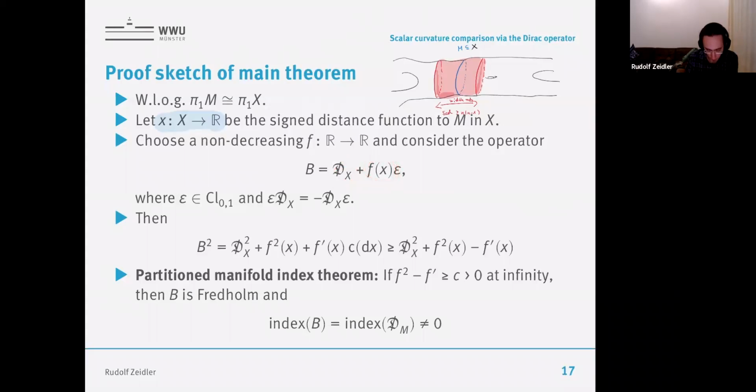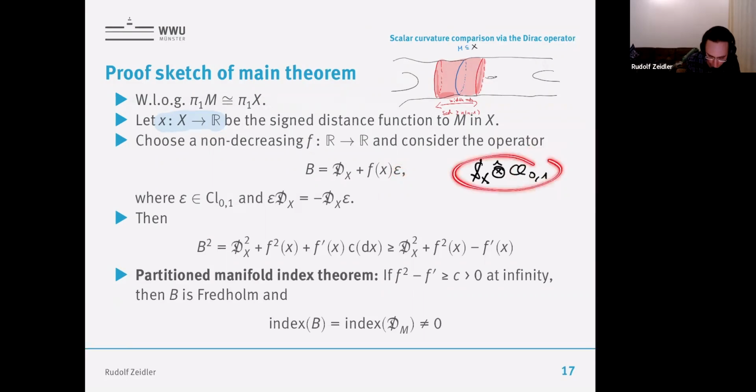And I also need an additional chirality operator that anti-commutes with the Dirac operator. So what I want to do is, if I have the spinor bundle of X, I want to tensor that with the Clifford algebra Cl_{0,1}, and then this epsilon here is just the generator of this Clifford algebra.